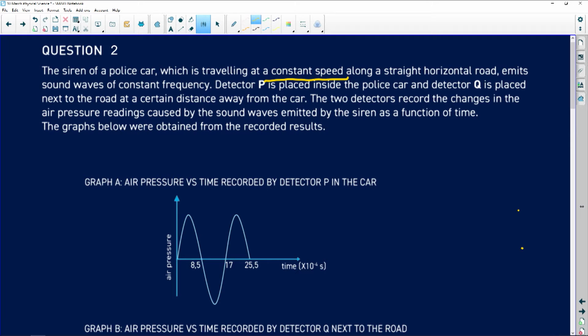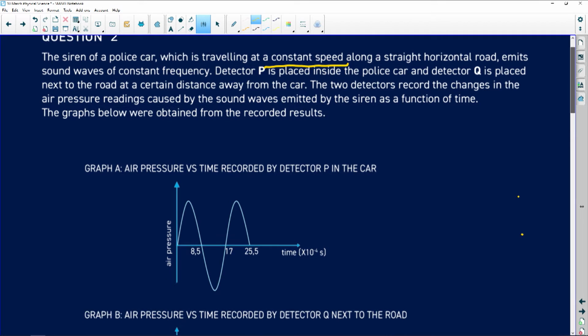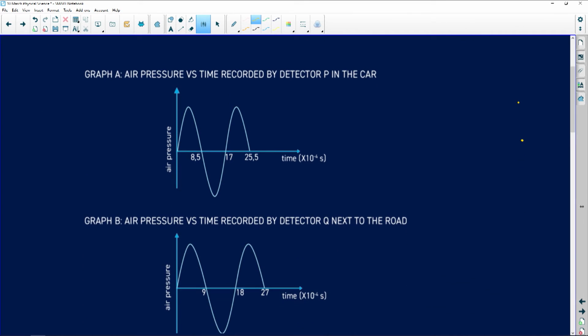The two detectors record the changes in the air pressure readings caused by the sound waves emitted by the siren as a function of time. The graphs below were obtained from the recorded results. Graph A is the air pressure versus time recorded by the detector P in the car, and graph B is the air pressure versus time recorded by detector Q, which is next to the road.